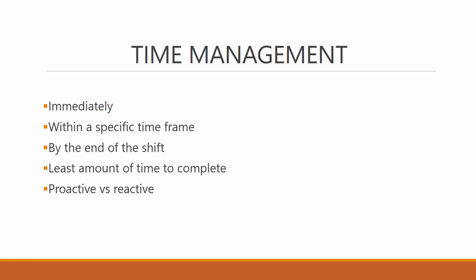Which one's going to take me the least amount of time to complete? Is it something I can go do, get pain medicine, and give it to them in a 10-minute window and then go back and reassess my other patient that I just gave pain medicine to 30, 45 minutes ago? Do I have a pre-treatment, a pre-med that I need to give to a client before they go to surgery?